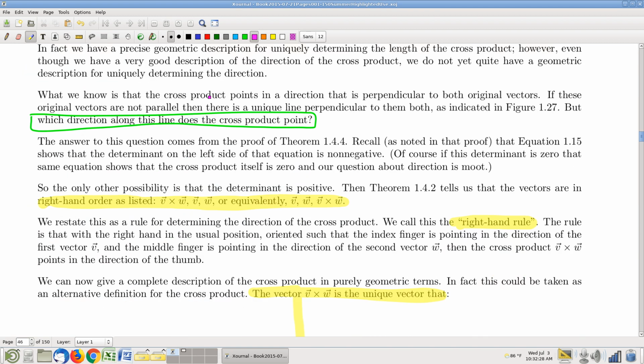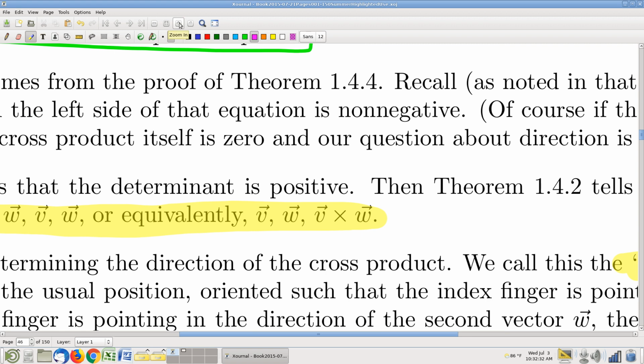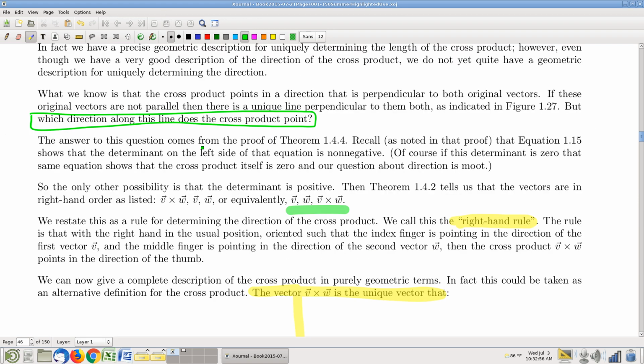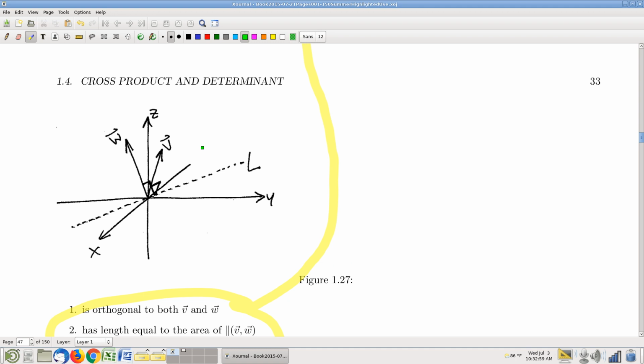The way we're going to take advantage of that is to notice that you can cycle that list of vectors. Remember, you're allowed to cycle and it doesn't change the order. So V, comma W, comma cross product is always a right-hand order. That answers our question. Which way does the cross product point in this picture here?